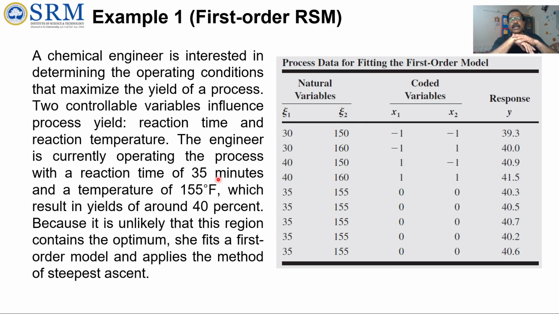Similarly for operating temperature 155, a uniform interval of 5 means 150 and 160. So: 30 150, 30 160, 40 150, 40 160. Under these four operating conditions they did the experiment and found the responses.